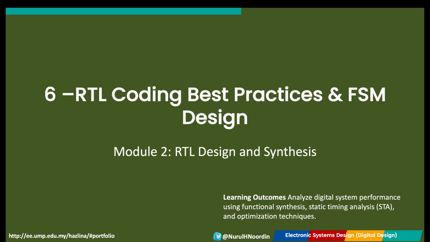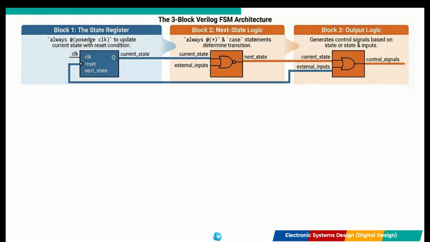By the end of this chapter, you won't just be designing circuits that calculate, you'll be designing systems that think and remember. So, what are finite state machines? A finite state machine is a sequential logic circuit used to control the behavior of digital systems by transitioning between a finite number of internal states based on external inputs and clock cycles.